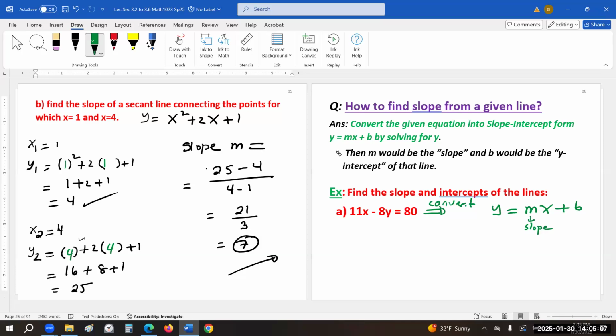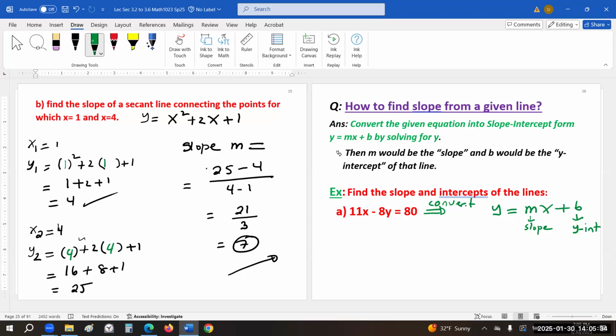What is the b? Y-intercept. So when you solve for slope, you get the y-intercept free. So anytime you don't see a slope, solve for y. Why? Because y tells us what the slope is and what the y-intercept is.